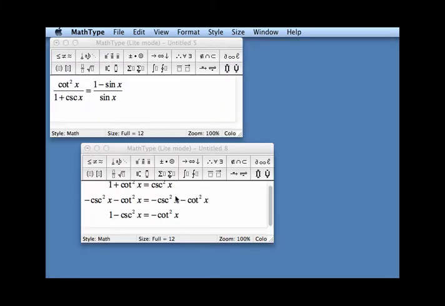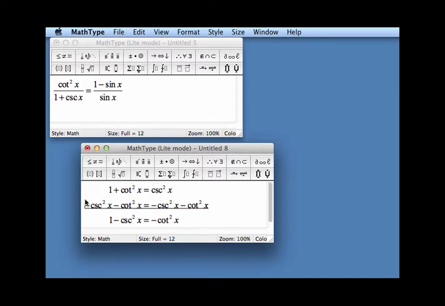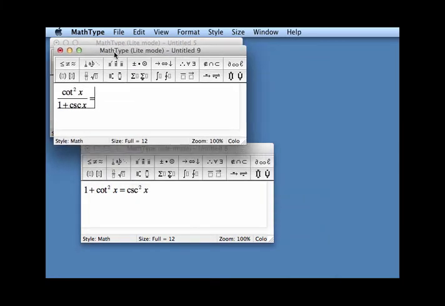So the other approach that I saw a few students do, which I wish I had done, I didn't see it, but now I do, was to replace cotangent squared pretty quickly with a Pythagorean identity. And so let me get a brand new one out here.